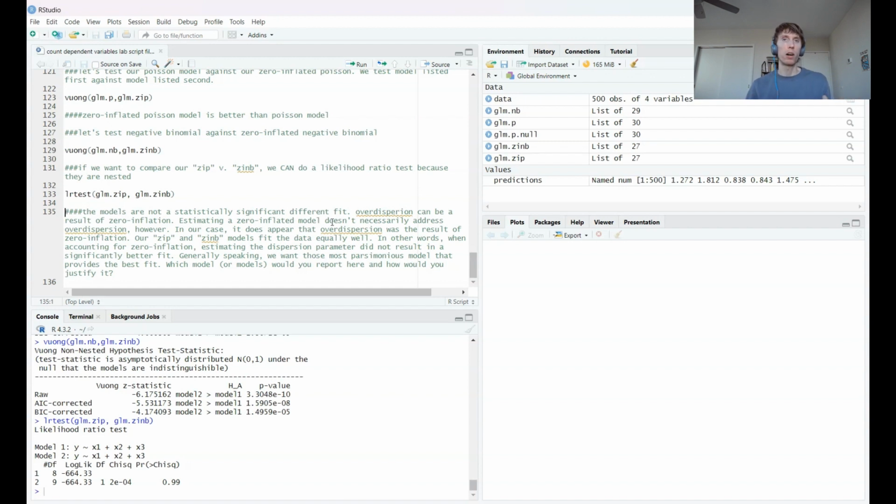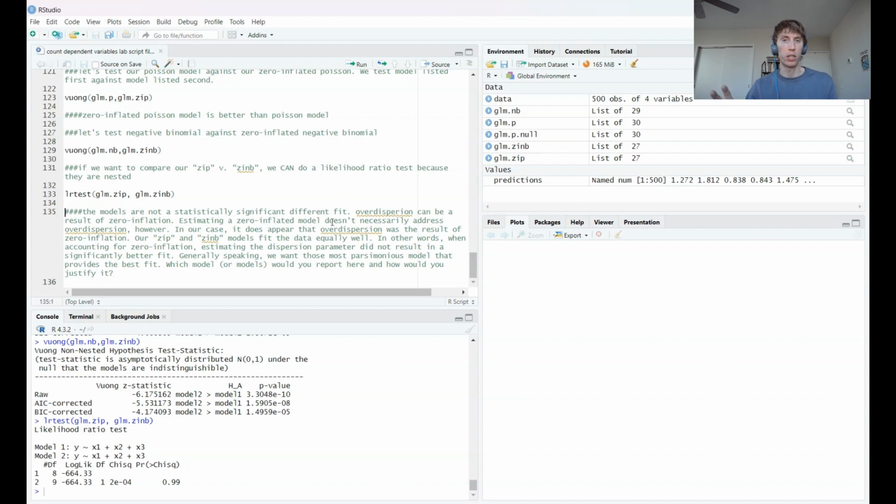Now, you might be thinking, oh, well, didn't we have that over-dispersion situation? And we did. But it's possible that over-dispersion can be the result of zero inflation. Just an important point to keep in mind, however, is that a zero-inflated model isn't necessarily going to address over-dispersion.